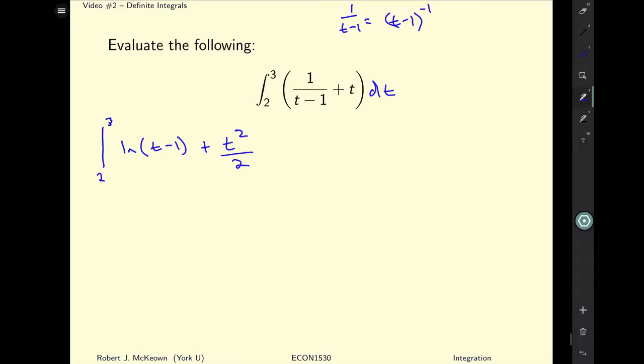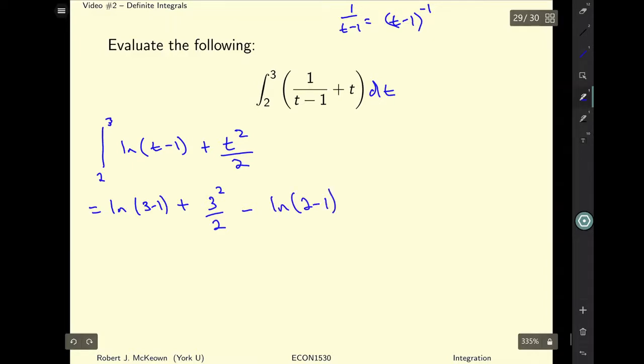Now I'm ready to evaluate this integral, and the limits are 2 to 3. So I'll start off with 3. So I'm going to have log 3 minus 1 plus 3 squared over 2, minus log t minus 1, minus 2 squared over 2.